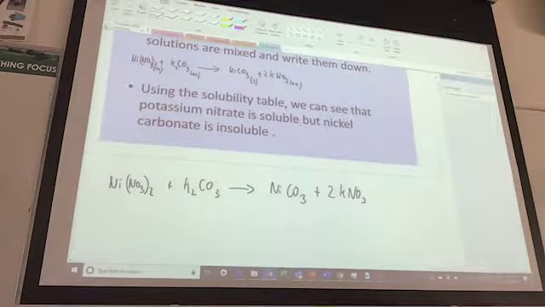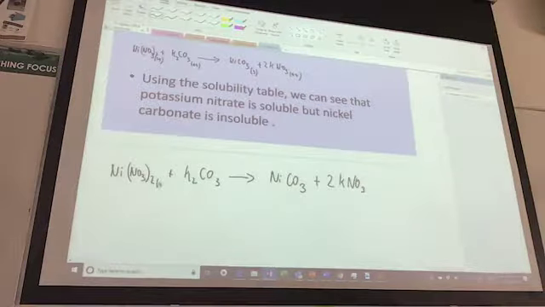Now, because our reactants are dissolved in solution, they're aqueous, they're not actually in solution as nickel nitrate and potassium carbonate. They're actually in solution as nickel ions, nitrate ions, potassium ions, and carbonate ions.